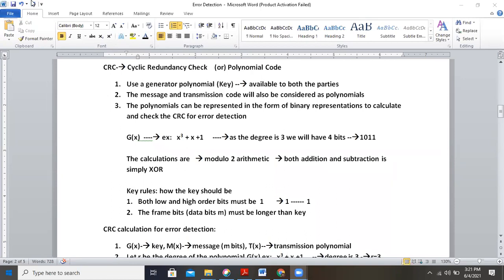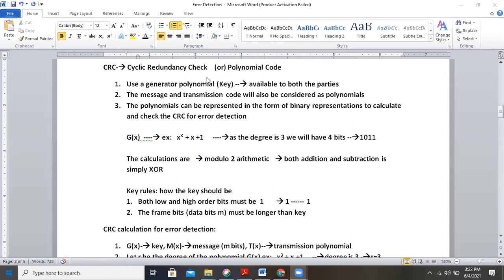Here we represent the message in the form of a polynomial, which we convert into bits, and then we use a key that we call the generator polynomial. This key should be available at both the sender and the receiver.